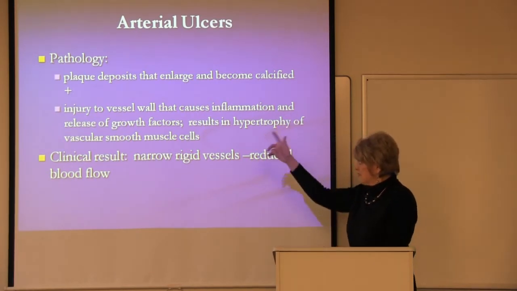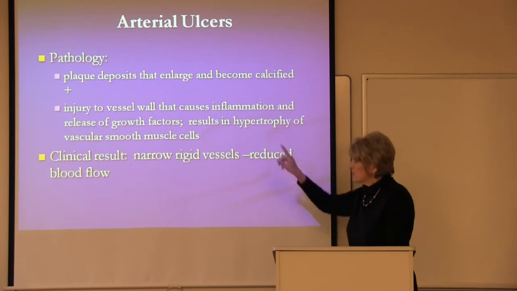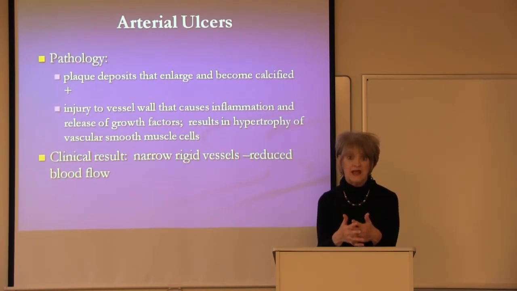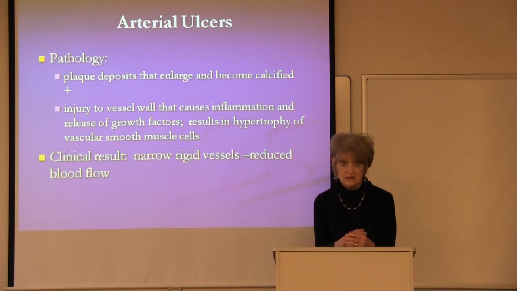So looking at the pathology, you're very familiar with these two factors that work together to cause coronary artery disease. You know that high levels of circulating lipids and nicotine byproducts can damage the vessel wall, and high levels of circulating lipids can lead to plaque deposits. So let's talk about each of those. We'll start with plaque deposits.